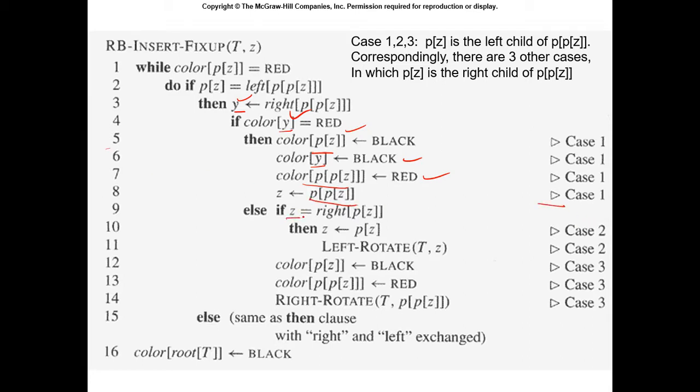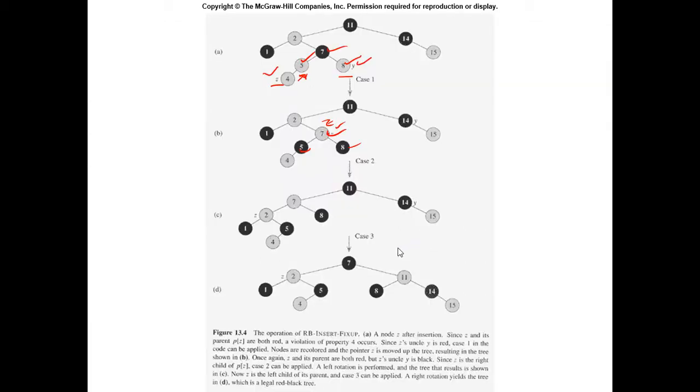So now when z is moved to the grandparent, you have encountered the second case. That is, your z is at the right of its parent. Yes or no? See, z is at the right of its parent, and its parent is again red. Red means again violation. You can see z is now 7.